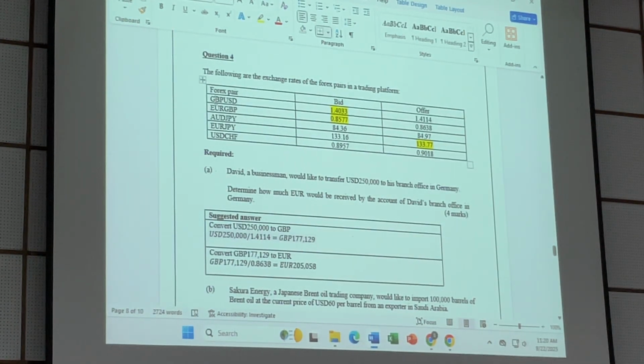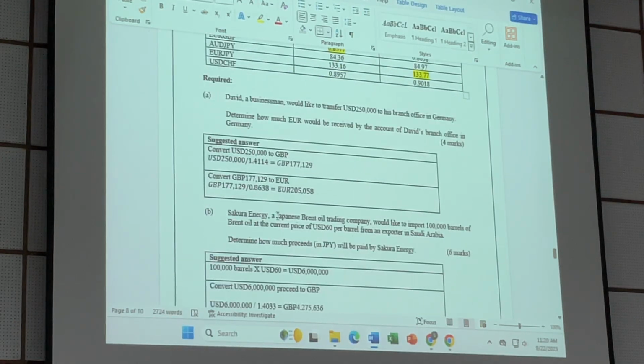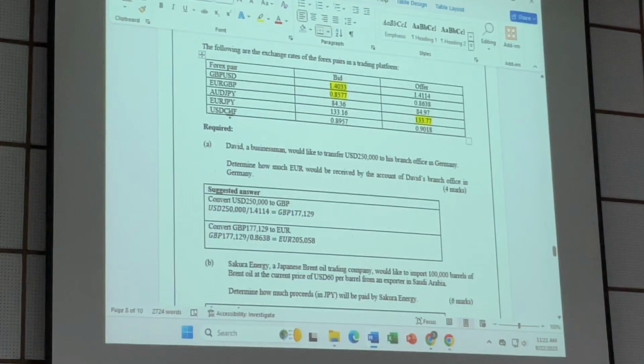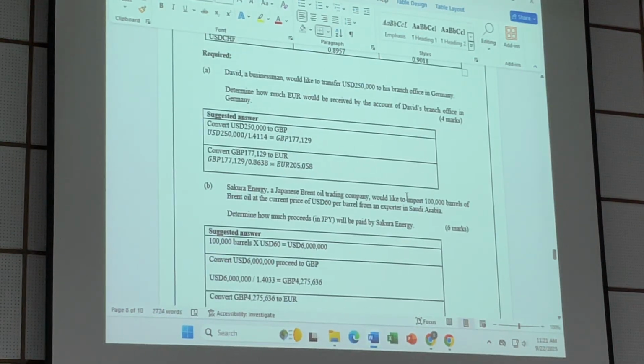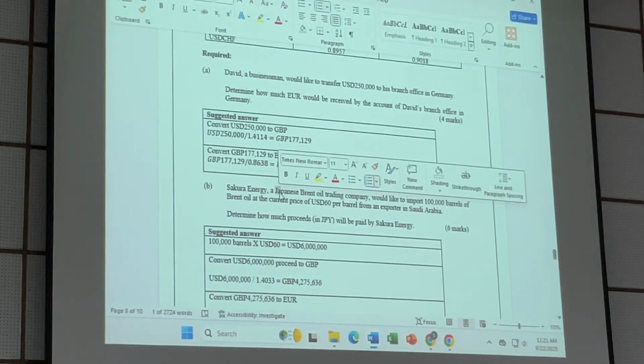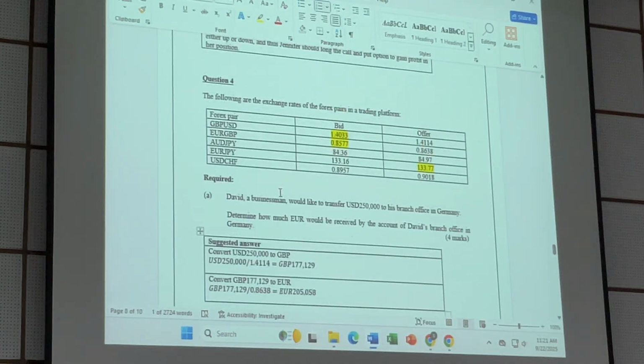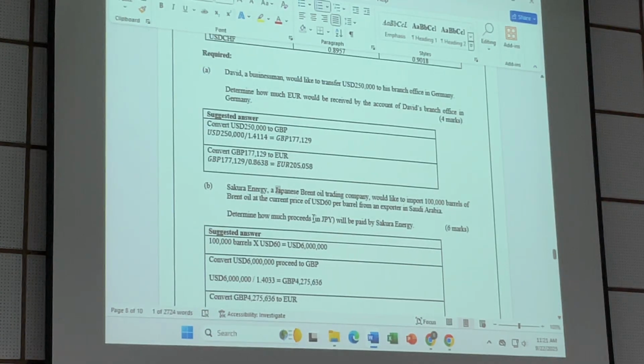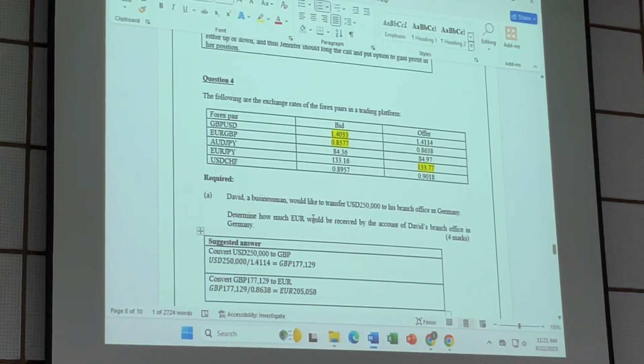How come we use base, not the offer price? Because I thought we convert from USD to pound, so that one has to use offer, right? No, because just now I determined the rates first, right? So how to determine? Now you are the importer, you are a company from Japan. You want to pay your supplier in USD, but how much JPY do you need to prepare?